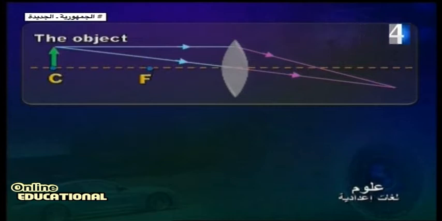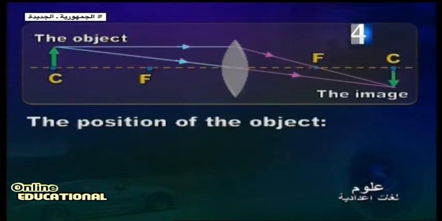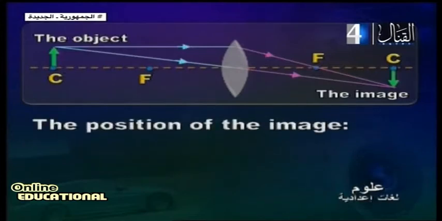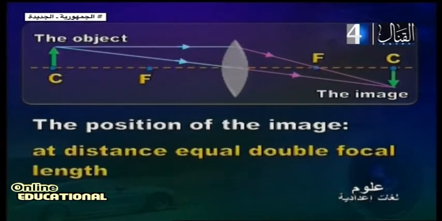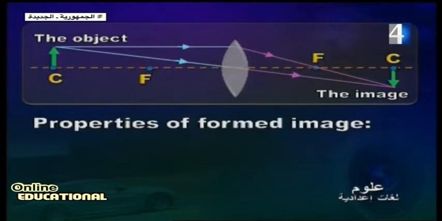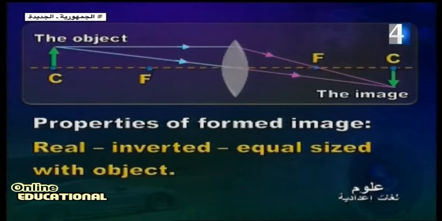So, at the point of intersection of these two rays, we have the image. Here the position of the object is at the center of curvature, and of course, the position of the image is also at the center of curvature. Okay, what about the properties of the image? It will be real, inverted, and equal in size to the object.